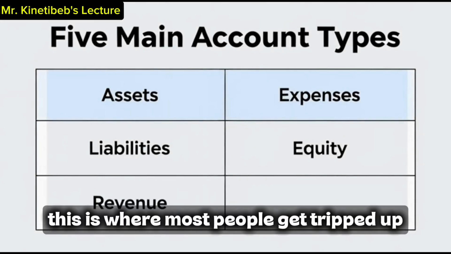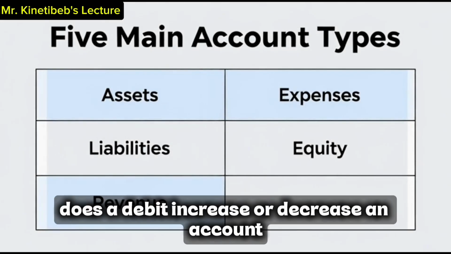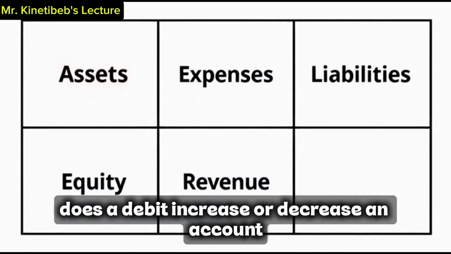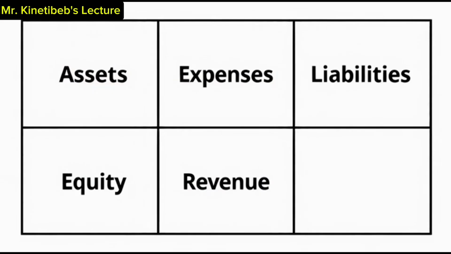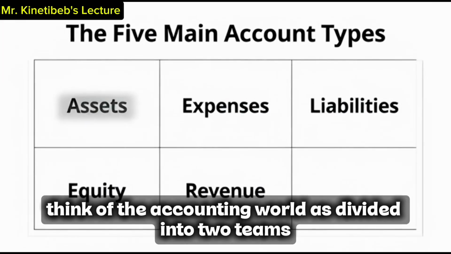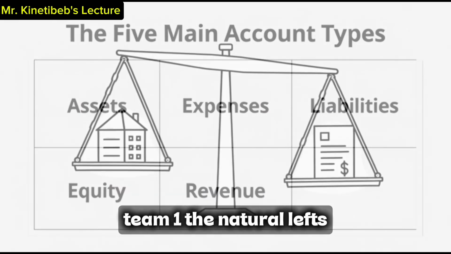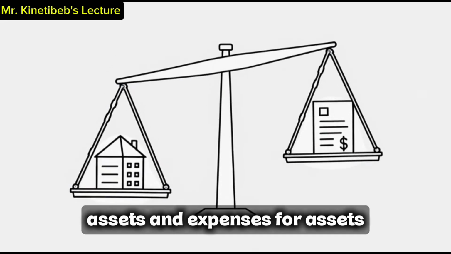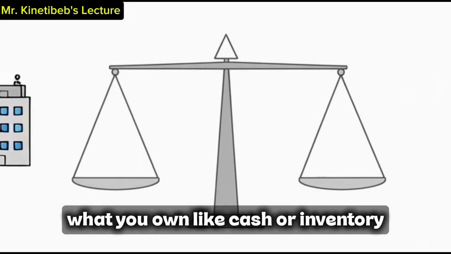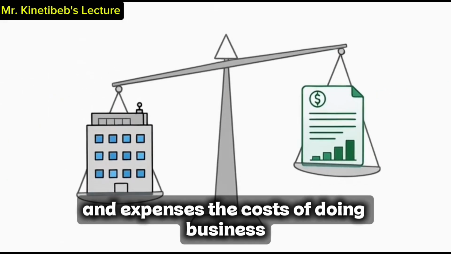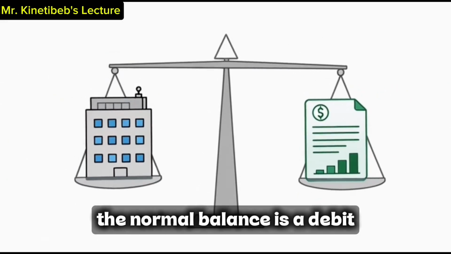This is where most people get tripped up. Does a debit increase or decrease an account? The answer is it depends on the type of account. Think of the accounting world as divided into two teams. Team 1, the natural lefts, assets and expenses. For assets, what you own, like cash or inventory, and expenses, the costs of doing business, the normal balance is a debit.